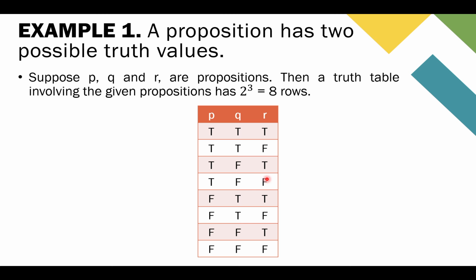Pwede rin maging false. So, same lang din dito sa susunod na rows. If we have one false, pwede siya maging true, pwede rin maging false. And if we have both false na statement, pwede siya maging true. And kahit both din yung false niya, pwede rin maging false ang statement. I hope you get the point.